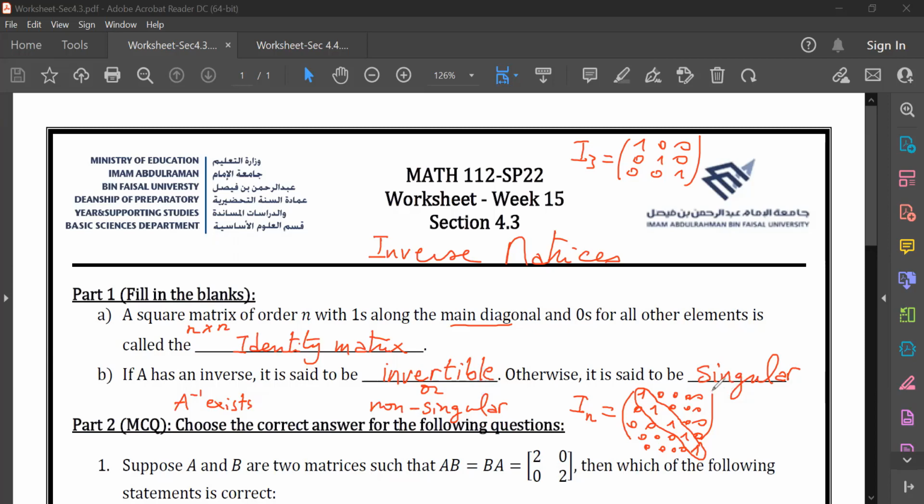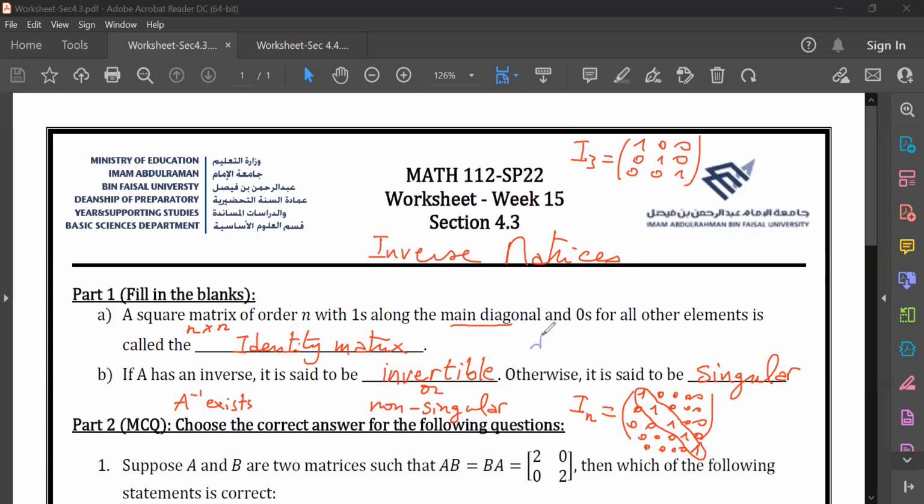The question: how can we characterize a matrix which has an inverse? How do we know whether it is singular or invertible? How can we decide? If I give you a matrix and ask whether it is singular or invertible, according to the determinant. Bravo, according to the determinant.